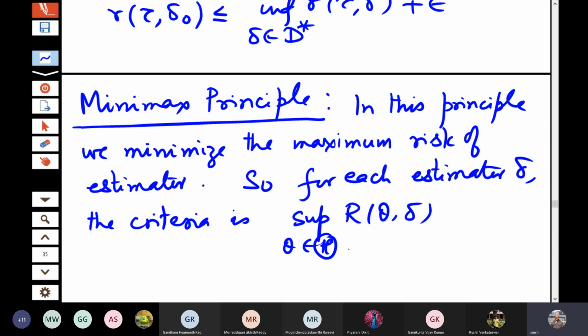Actually, in some sense, what does it mean? It means that whatever be the possibility, you assume that the worst may happen, and then you try to find out that estimator for which that worst is the least. So it is something like minimizing the maximum risk.